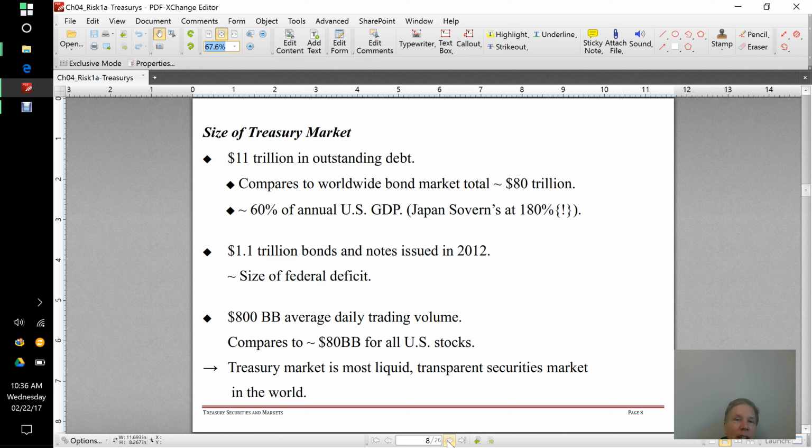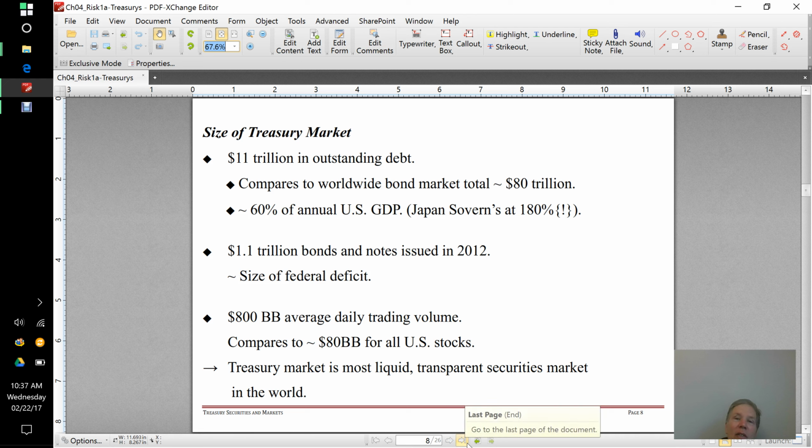The average trading volume of treasuries is about 800 billion, and that's 10 times as much as the entire US stock market. So that's an enormous amount of trading in treasuries that happens every day.